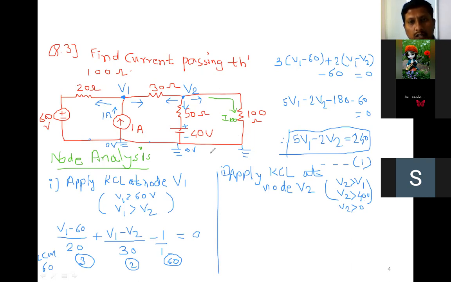Now you have to write the equation by applying the KCL. If you are observing, all are outgoing, means all are positive.